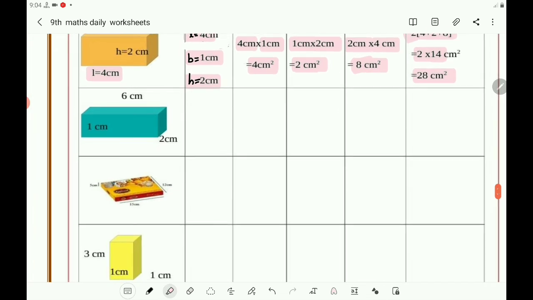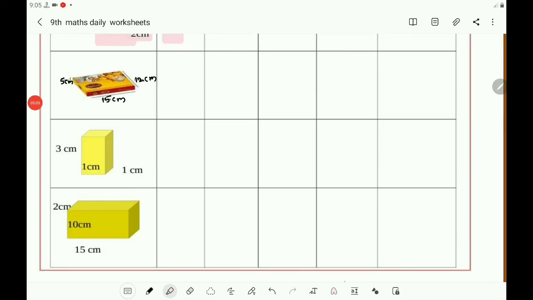Similarly, take the second one. Here L equals 2 centimeter and B equals 6 centimeter and H equals 2 centimeter. Write the measurement here and find LB, BH, HL, then 2 into LB plus BH plus HL. And here you take the next cuboid.